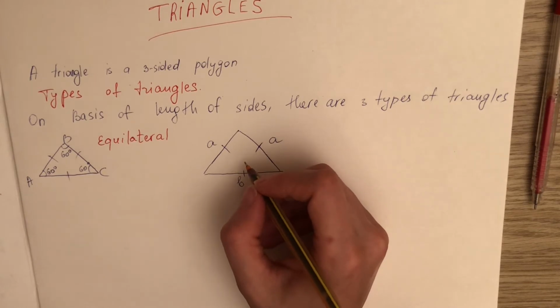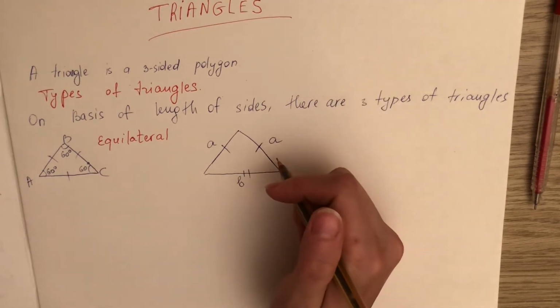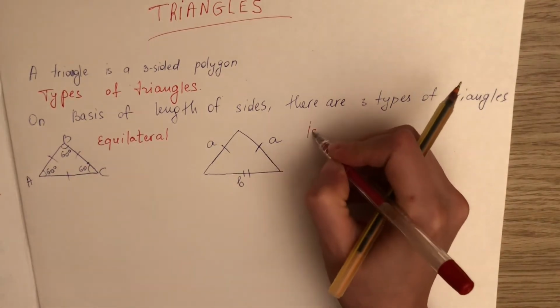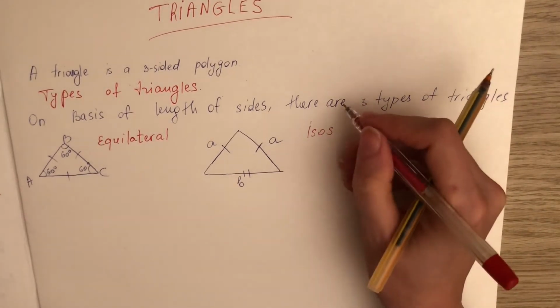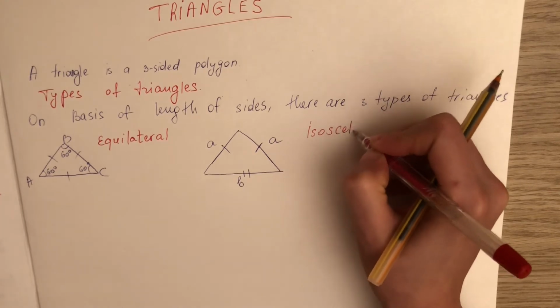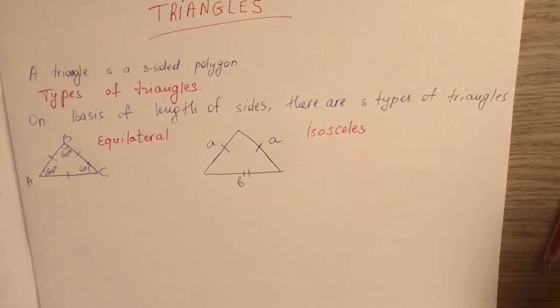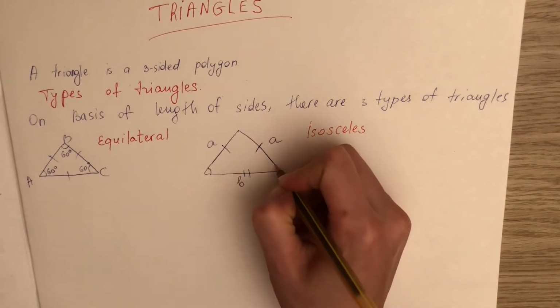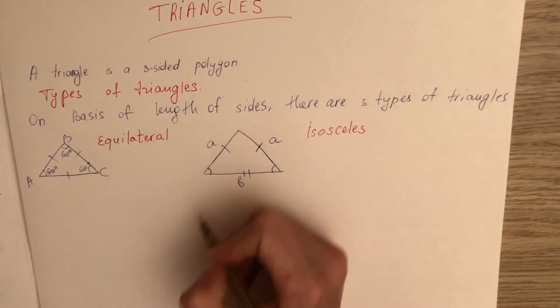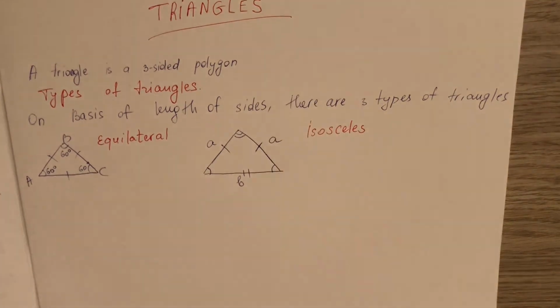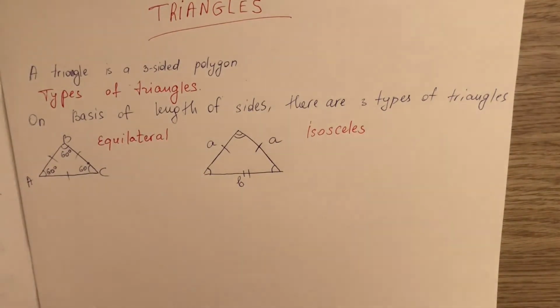Triangles having two sides equal are called isosceles triangles. And here these angles are equal, but this is not.